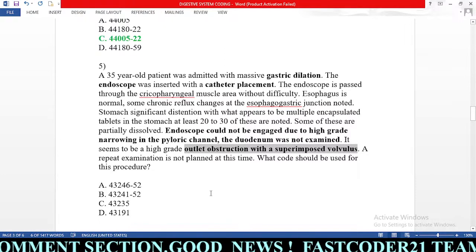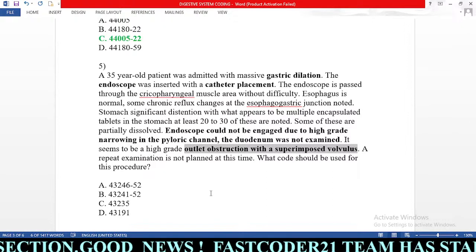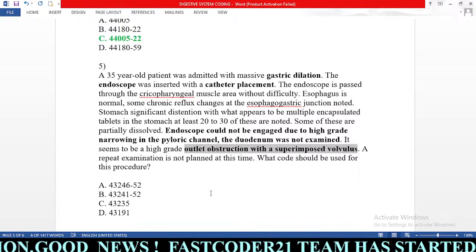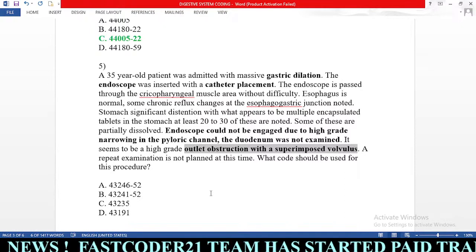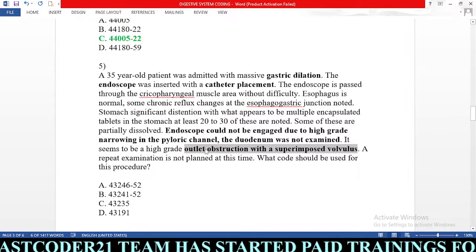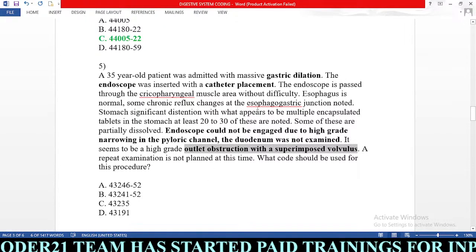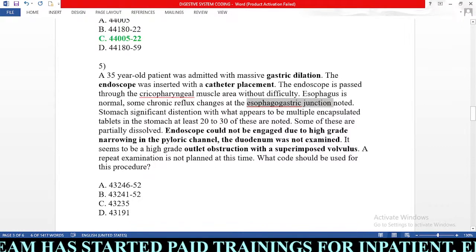So first we will check 43191. What is that? It is esophagoscopy. But basically it is not an esophagoscopy, because here the physician has crossed the esophagus and entered the esophagogastric junction.